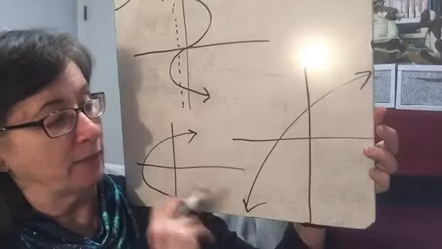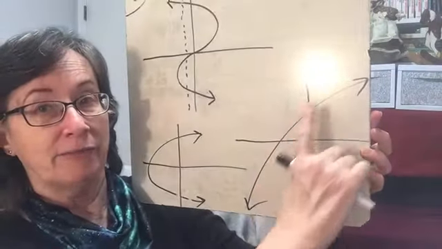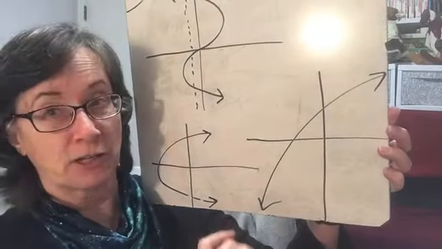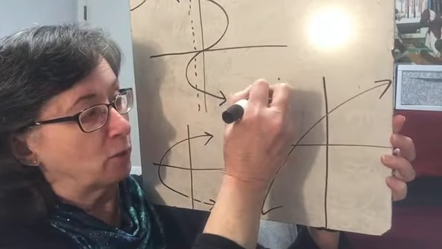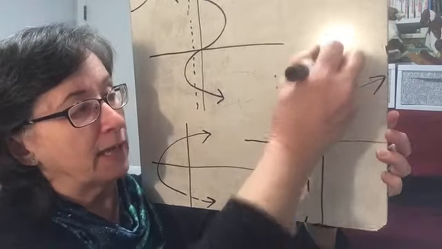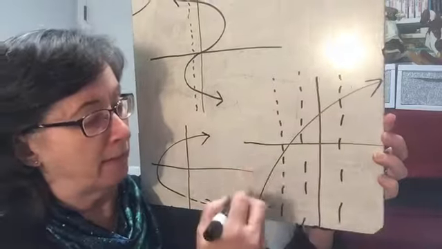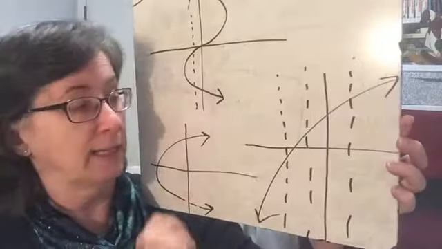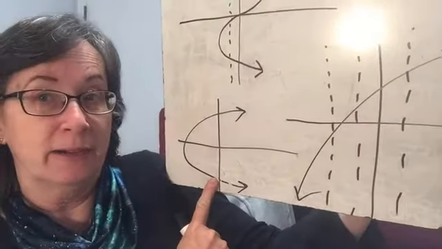Now look at this one over here. Here we have a graph, and it is a function because no matter where I draw a vertical line, it only crosses the path of this sweep one time per slice. Okay, what about this one right here?